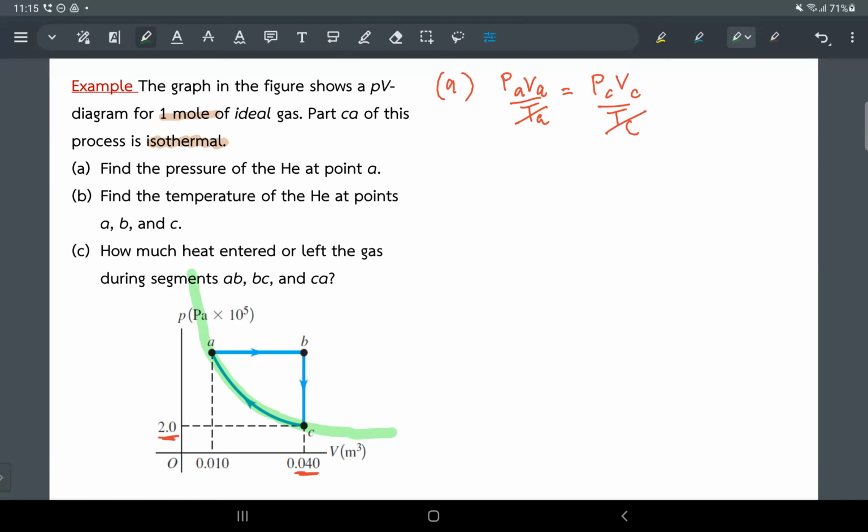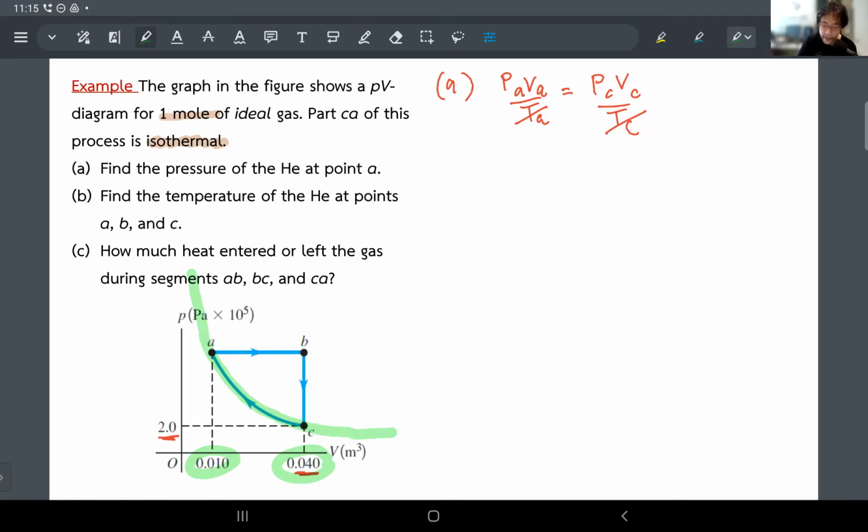Oh, I forgot to turn on my. All right. I'm here. Okay. All right. PV equals a constant. So that's it, it's done, because you can see that the volume at point A is 1/4 of the volume at point C. So of course, at point A, the pressure is supposed to compensate to be 4 times higher than the pressure at point C as well.